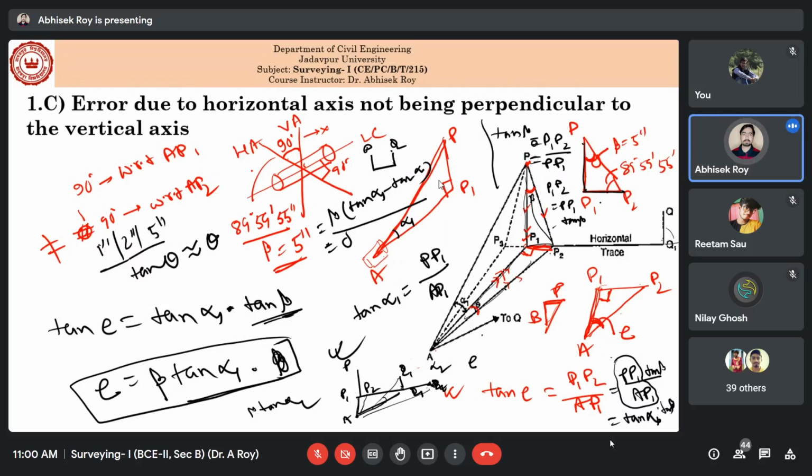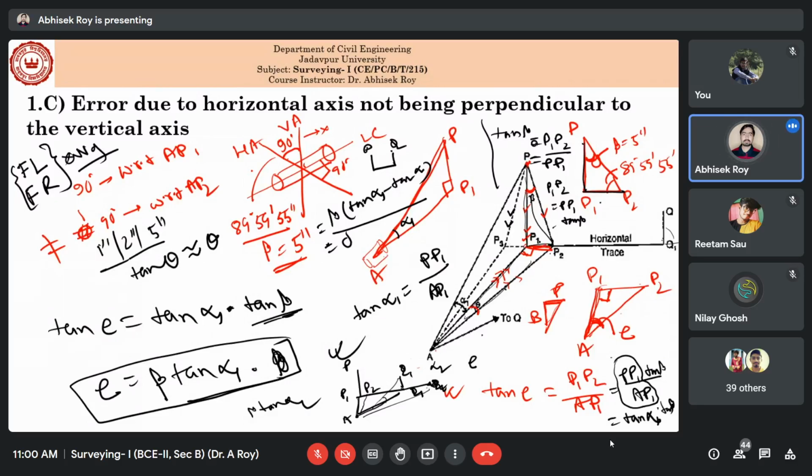And for that reason, here also we have to take both face measurements. That means face left measurement first and then face right measurement second, and then we will take the average of these two. Because if you are getting this path by face left measurement, then you will get this path by face right measurement.